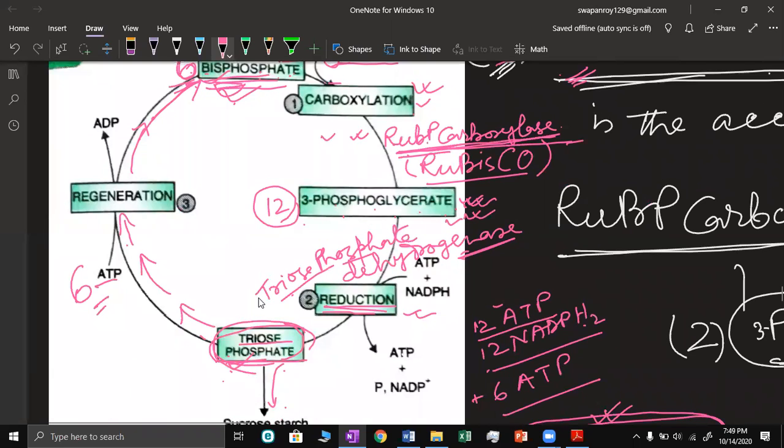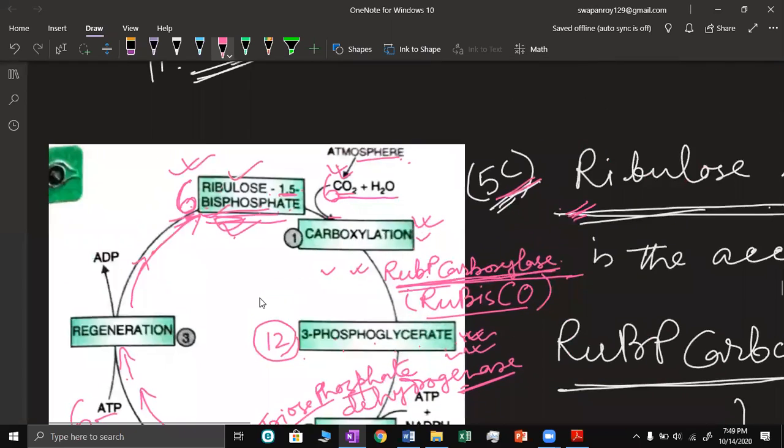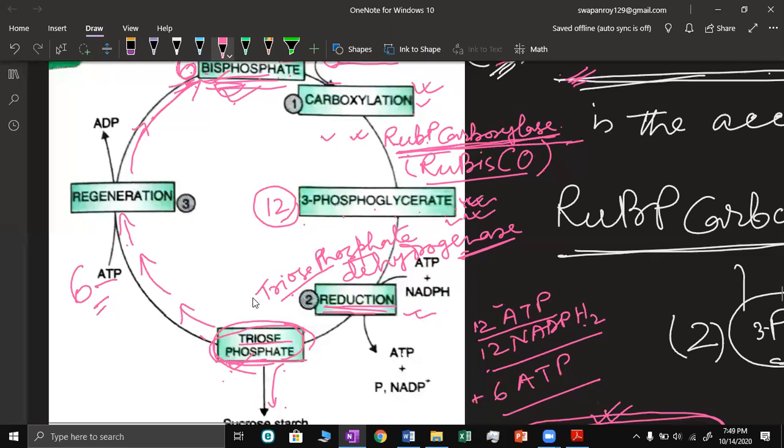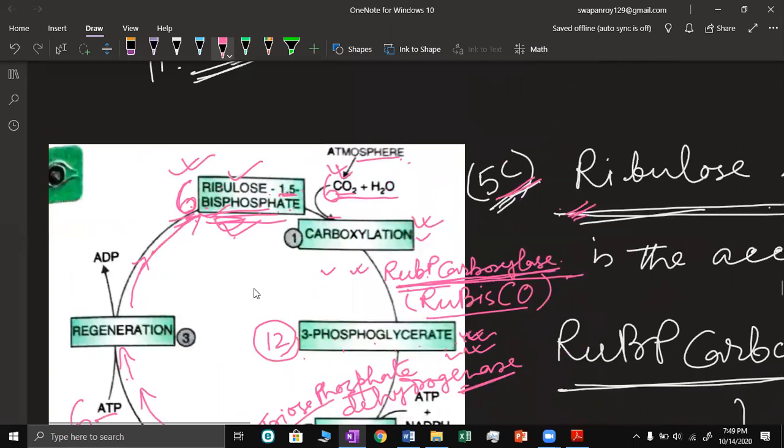In some other books also you will get the C3 cycle or Calvin cycle in detail.